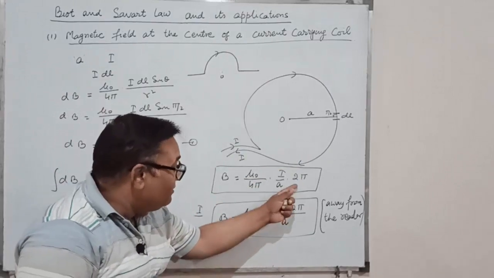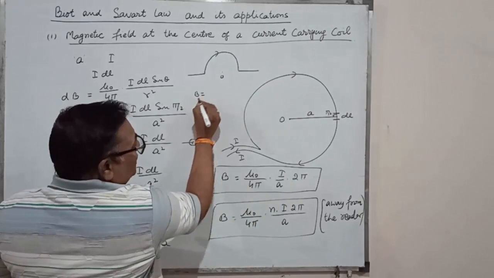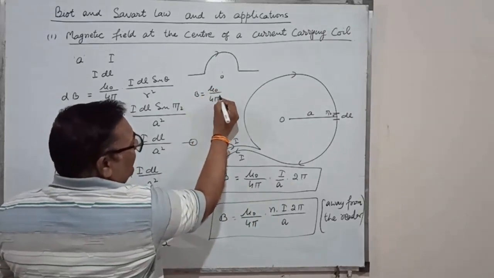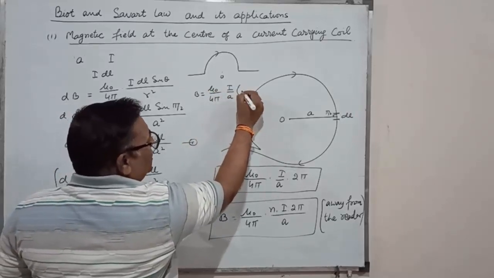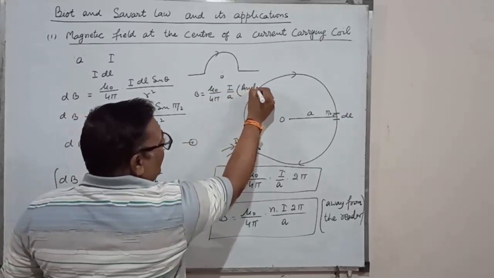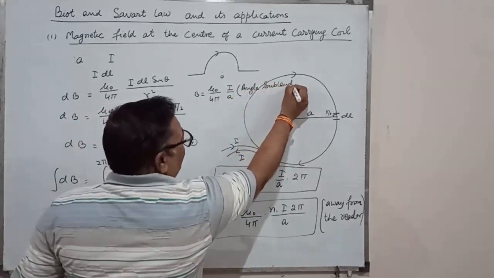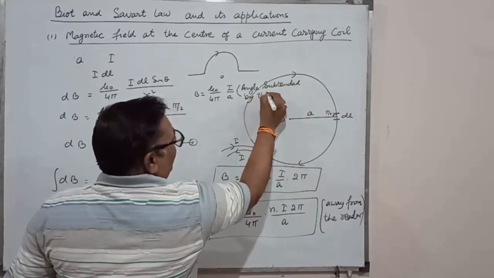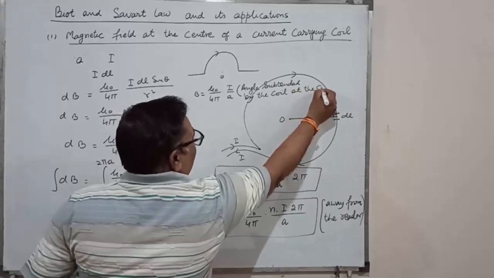If you see this derivation, B is equal to mu 0 upon 4 pi, I upon a into the angle subtended by the coil at the center.